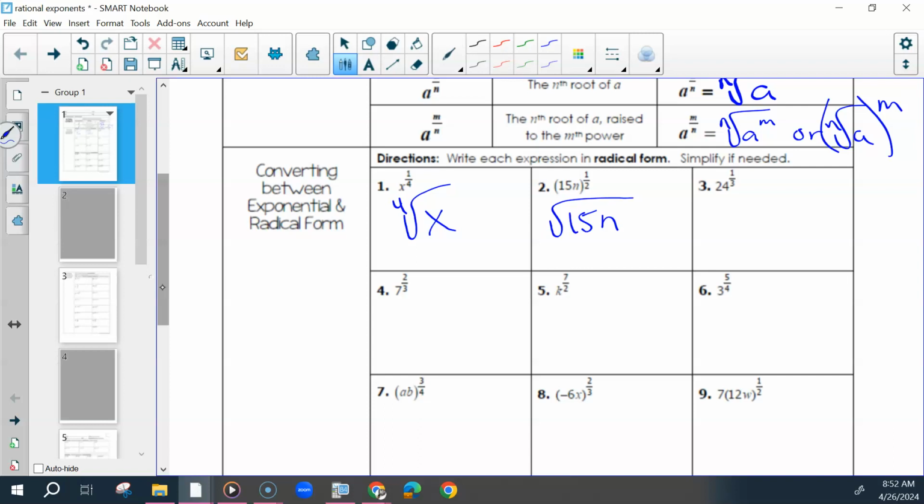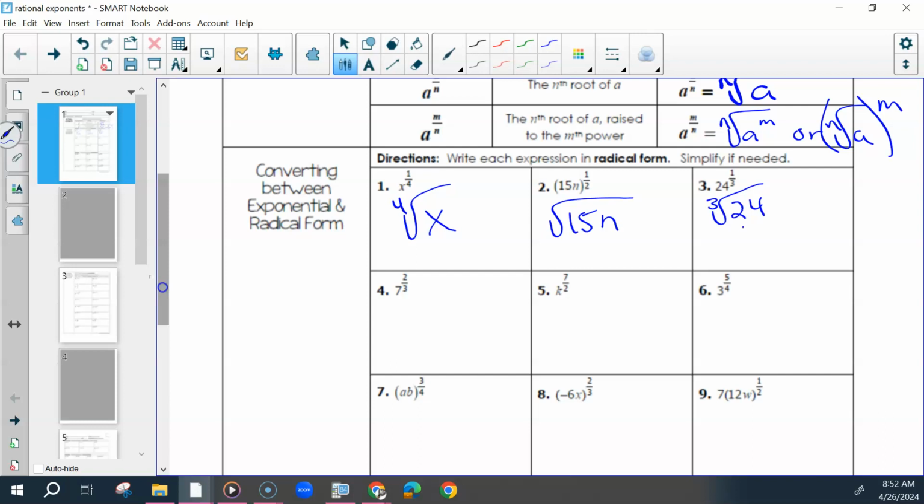Sophie, how could you write this in radical form, based on how we wrote number 1? The cube root of 24. The cube root of 24. And then, because it is a number that we can simplify, we're going to do that.